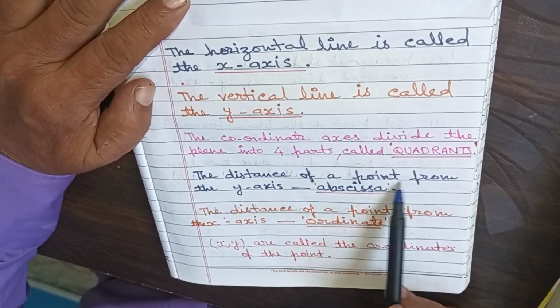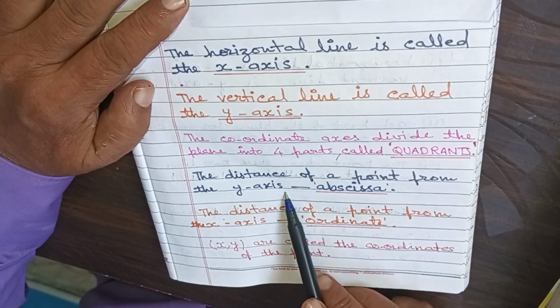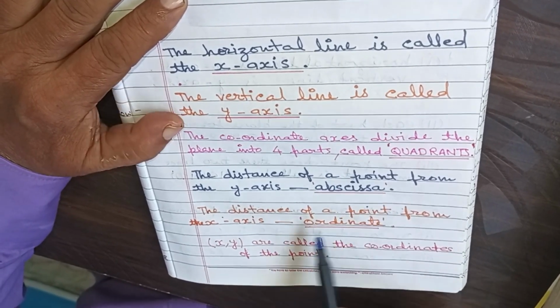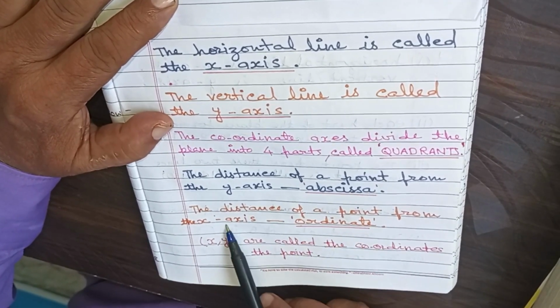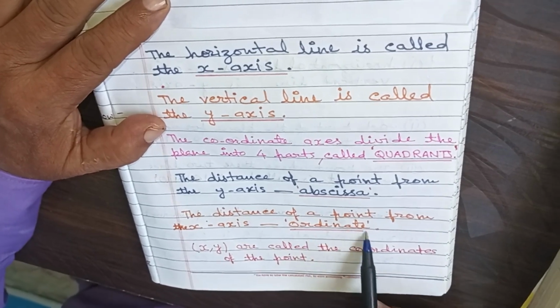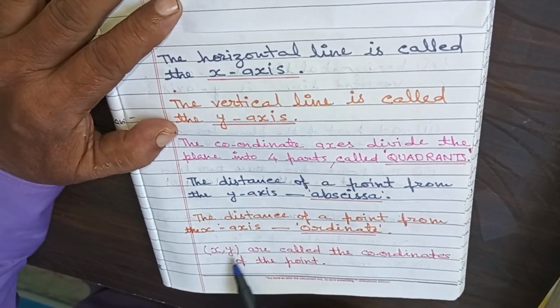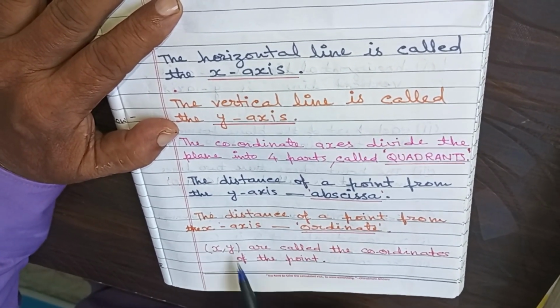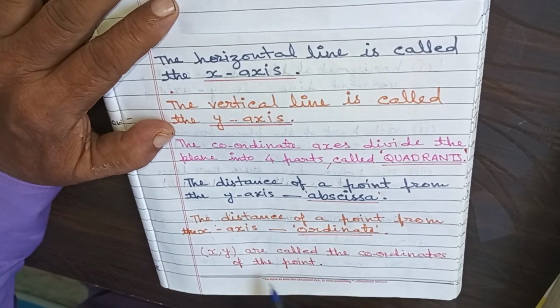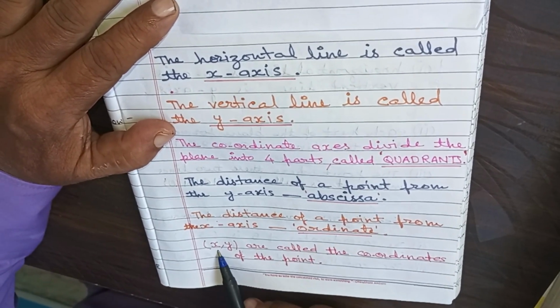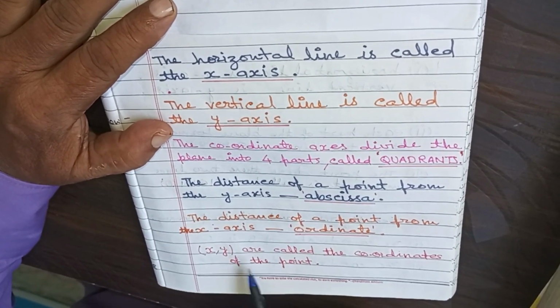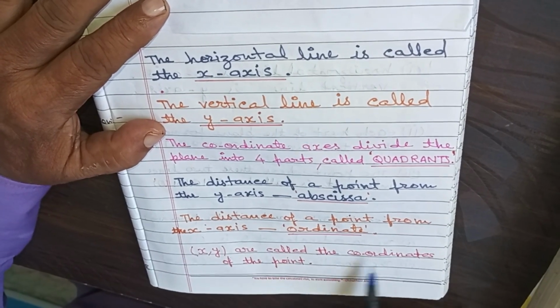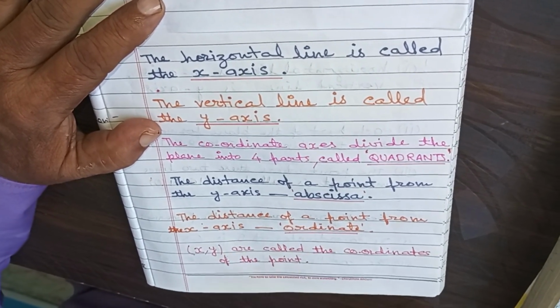The distance of a point from the y-axis is called abscissa. The distance of a point from the x-axis is called ordinate. (x, y) together are called the coordinates of the point. Repeating, x, y in brackets are called the coordinates of the point.